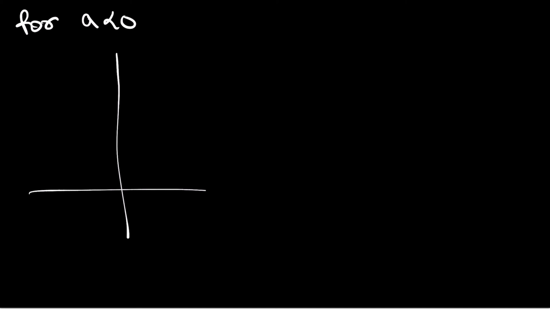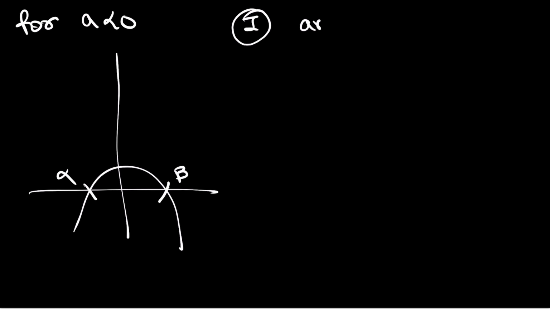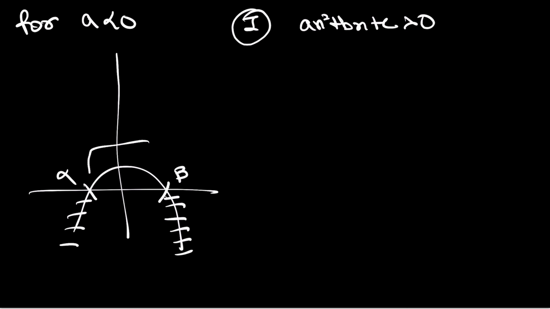Now for another case, for a less than 0, the graph looks something like this. This is alpha and this is beta. Now for case 1, in which ax square plus bx plus c is greater than 0, we can clearly see that this is the area where the graph is negative, and this is the area in which the graph is positive.